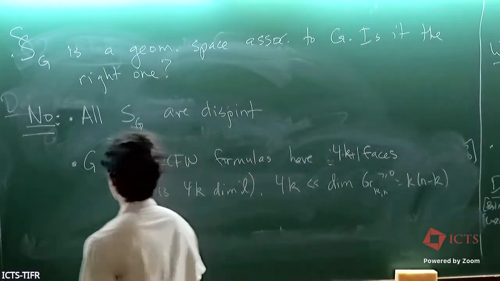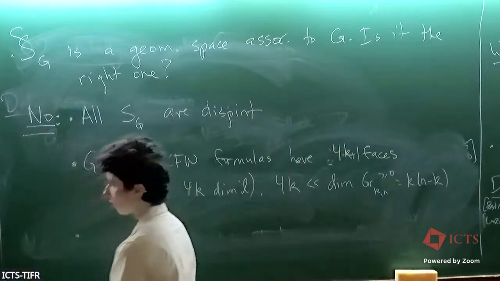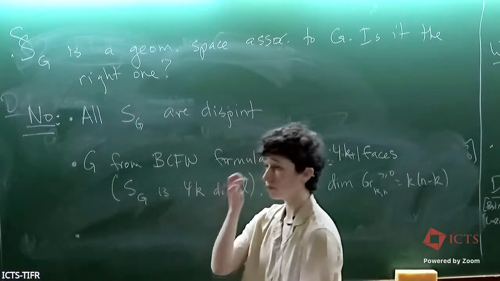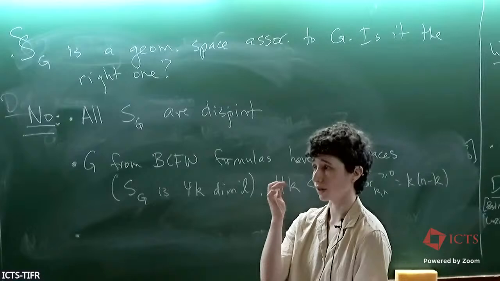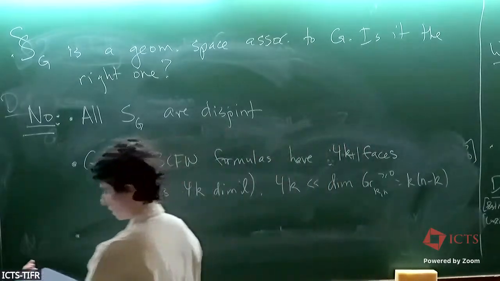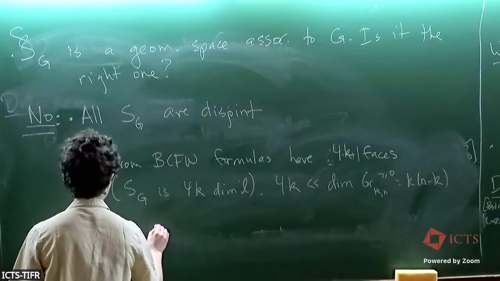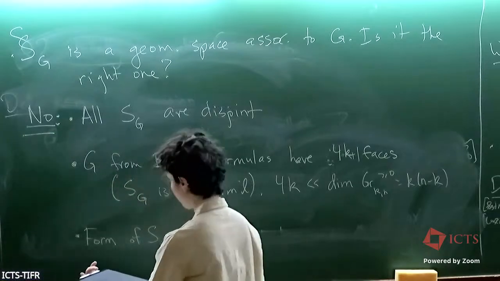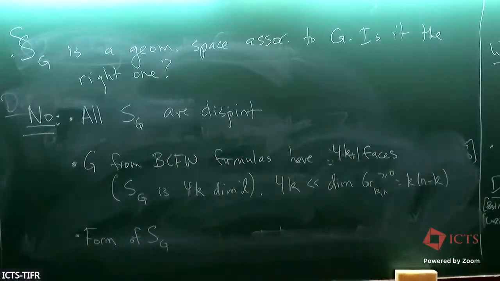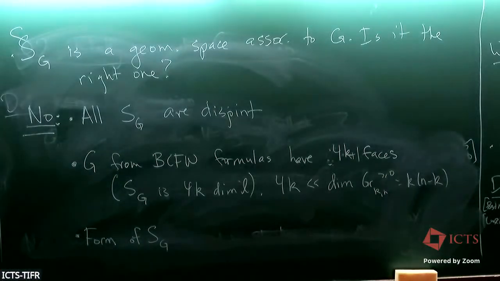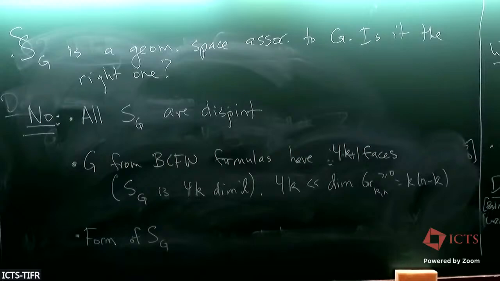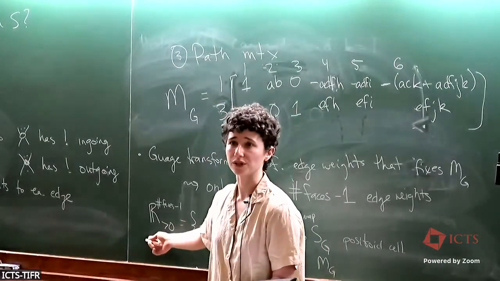And then the last thing I'll say is that there is a natural form that you can associate to each positroid cell. This form comes from the fact that each positroid cell is really just positive real numbers to some power.